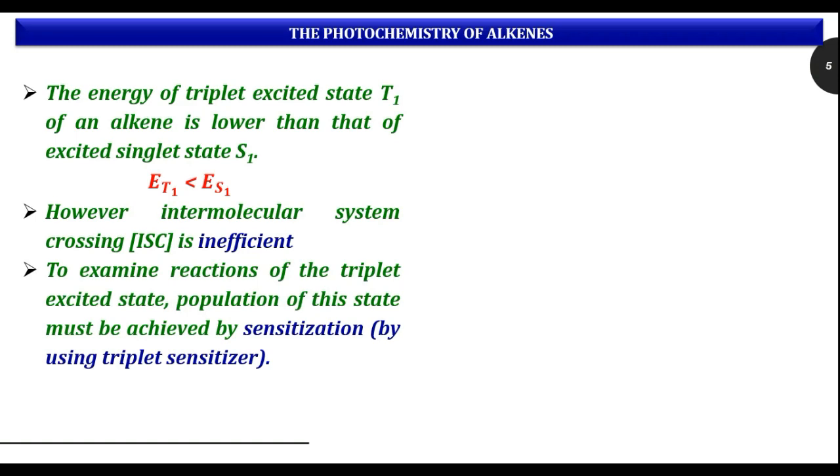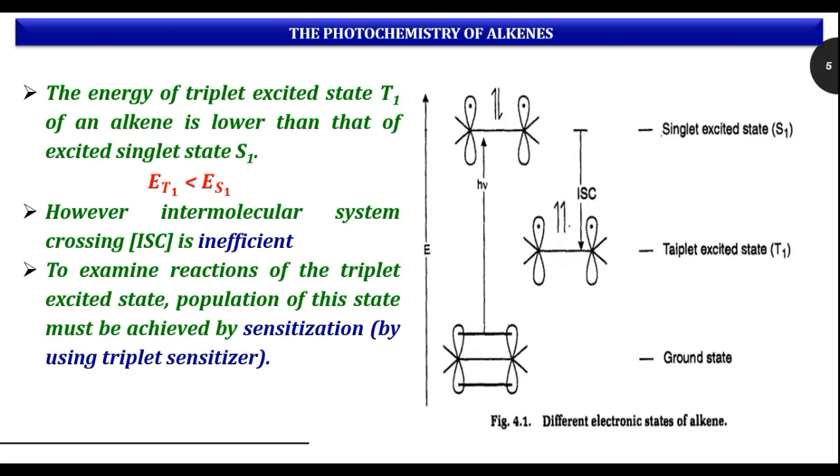You can see this diagram, we can easily understand here. This is the molecule. When you do the direct irradiation, we get the singlet excited state. The two electrons are in opposite directions, so the total spin is equal to 0.